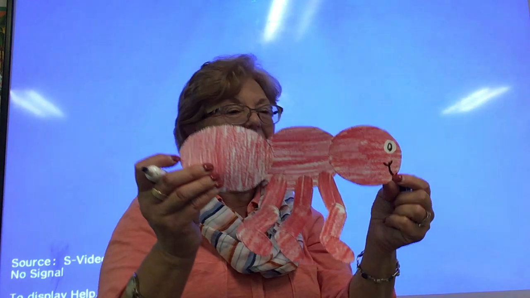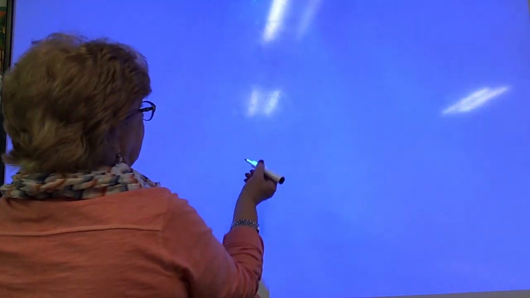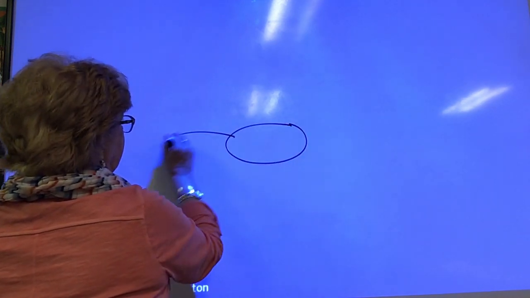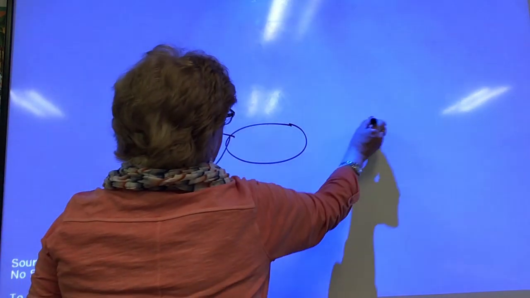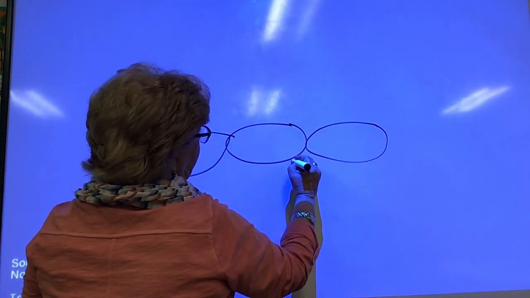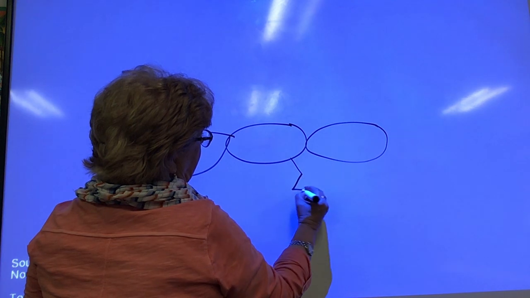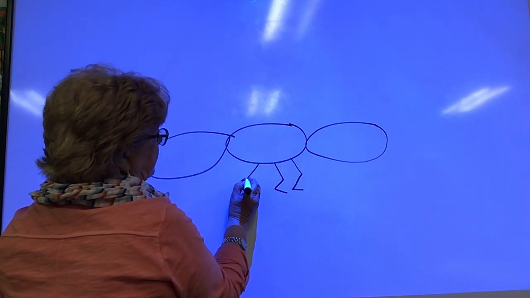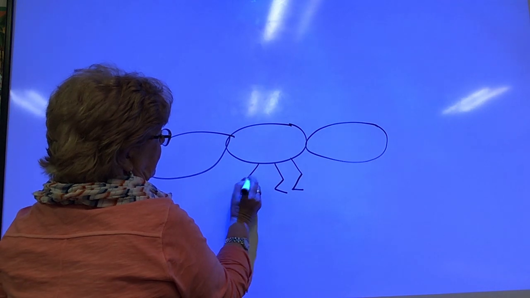So here you go. Now, what if you don't have one of these? Well, gosh, we can always draw one. Let's see. Here's a body part. Here's a body part. Don't laugh at me with the way I do things. And then you can have his legs. Whoops.